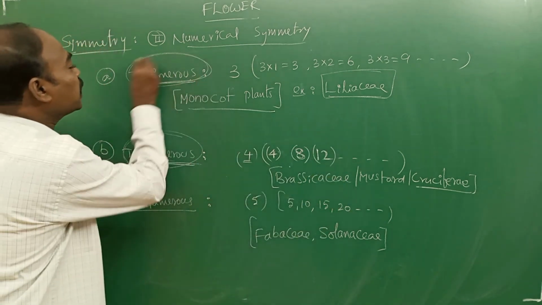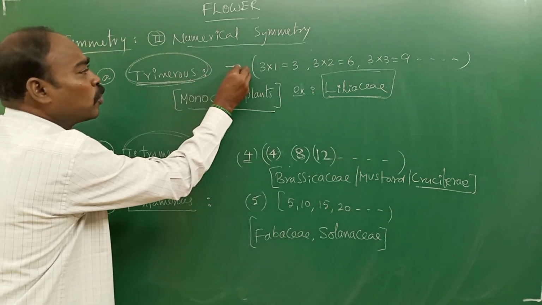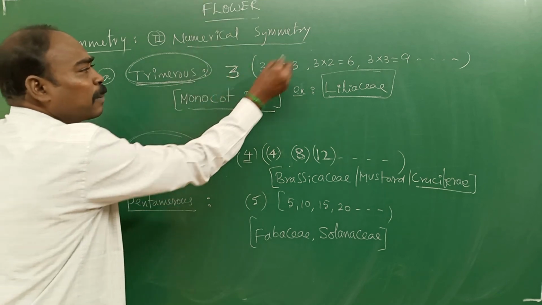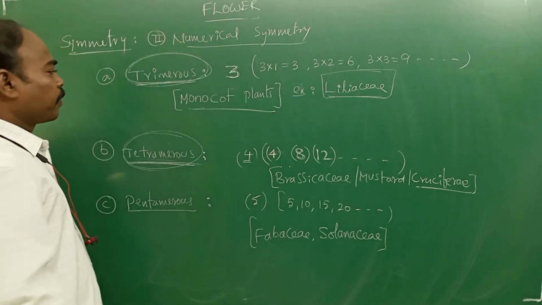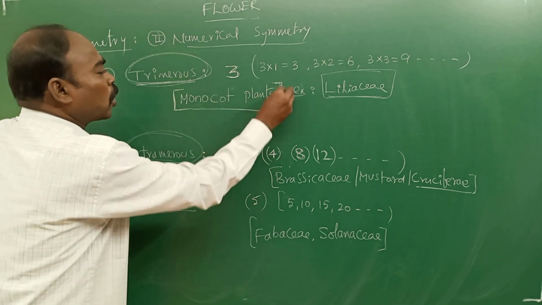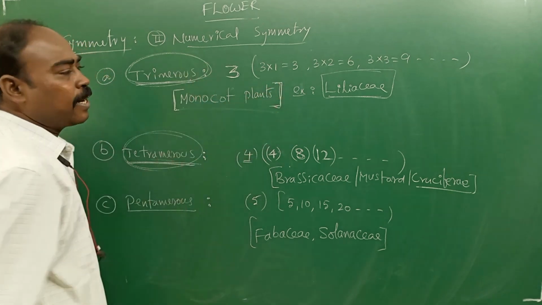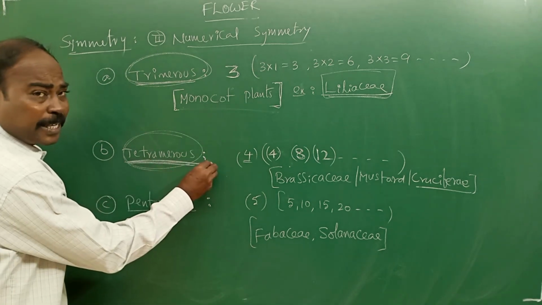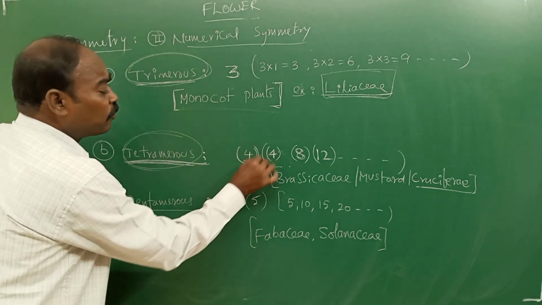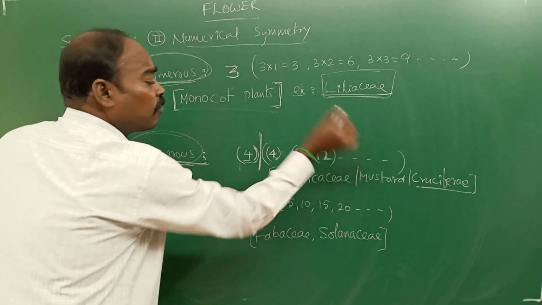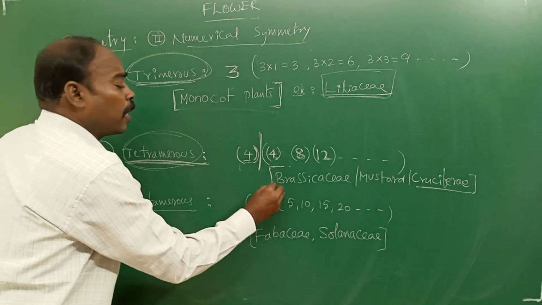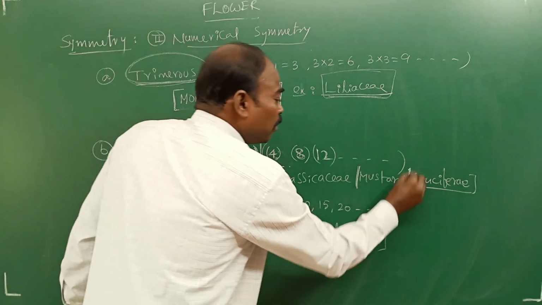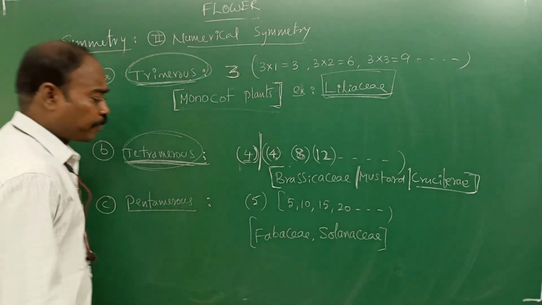So, trimerous flowers means the floral leaves are 3 or multiples of 3 in number. The majority of monocot plants have this symmetry. Example, Liliaceae. Tetramerous means floral leaves are 4 or multiples of 4 in number. Example, Brassicaceae, mustard, and cruciferae.